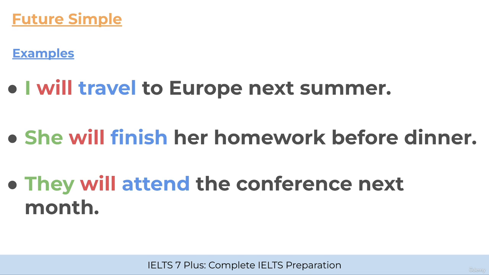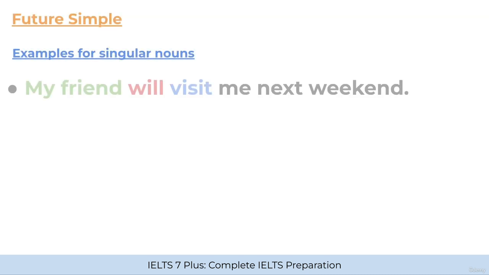And you'll notice that singular subjects and plural subjects still follow the same pattern. So it doesn't matter whether you have I will, she will, they will, we will. It's always will that follows the subject and then the base form of the verb there. Okay. More examples for singular nouns.